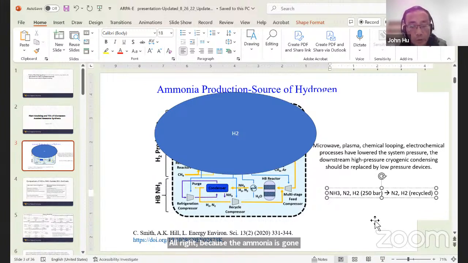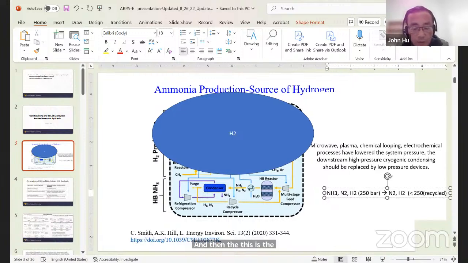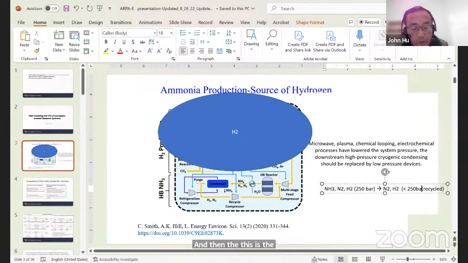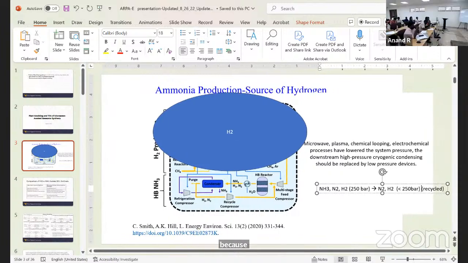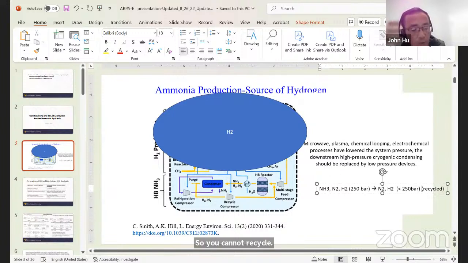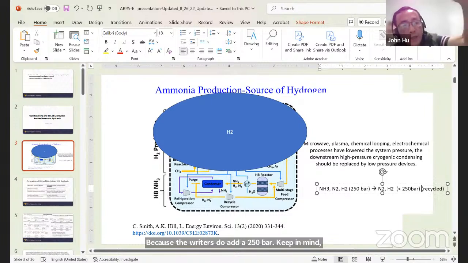All right, because the ammonia is gone, the partial pressure. Do you agree? With the ammonia disappeared, it is less than 250 bar, which makes sense. So you cannot recycle directly because the reactor is still at 250 bar. Keep in mind, the reactor is always at 250 bar. You have off-gas at 250 bar, and ammonia contributes to this 250 bar.